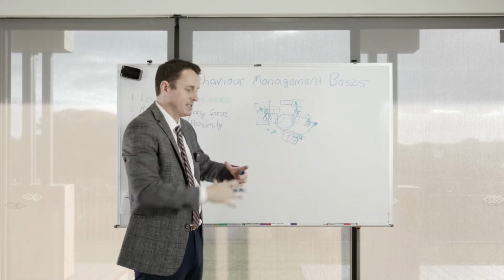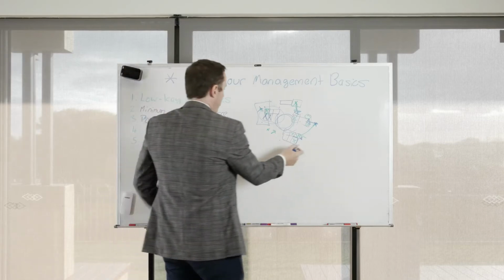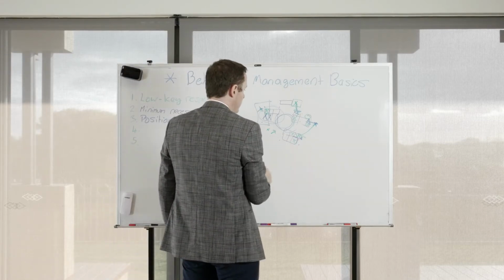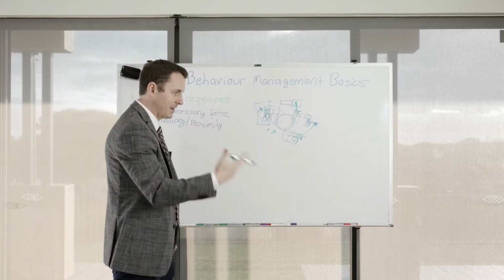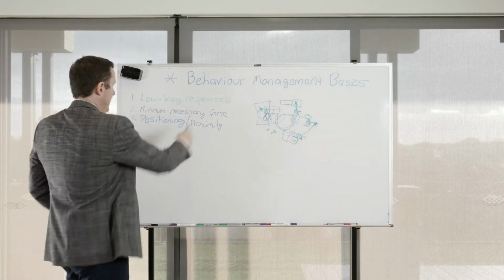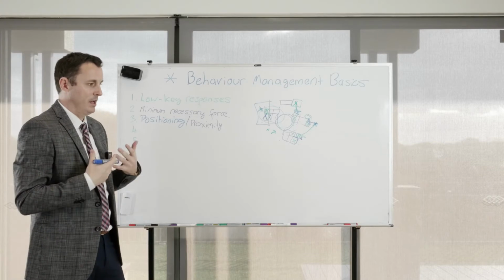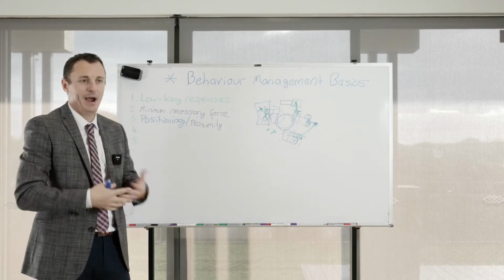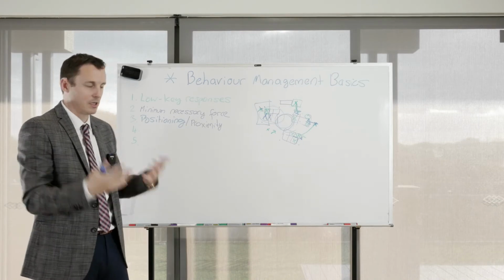And because you're in proximity of them, your natural just being there is going to stop a lot of behavioural issues in itself. So not always, but it does significantly help 9 times out of 10. In fact, it's one of the most important low-key responses and one of the most effective, proactive strategies that you can do while you're actually in class.